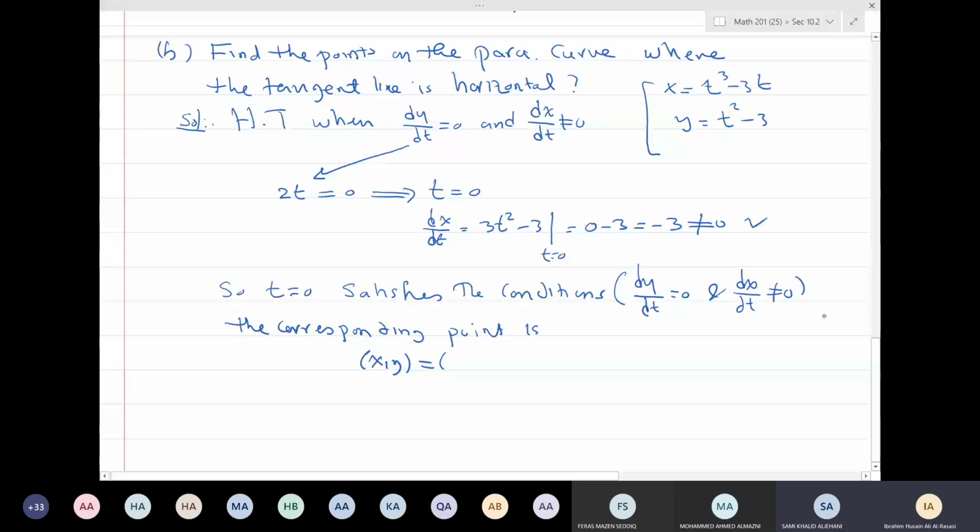From the original equations. In the curve, always look at t as time and then substitute to get the corresponding point. When t equal to 0, x is 0 minus 0, which is 0. y is 0 minus 3, which is minus 3. So at the point (0, minus 3) there is a horizontal tangent. Is that clear?